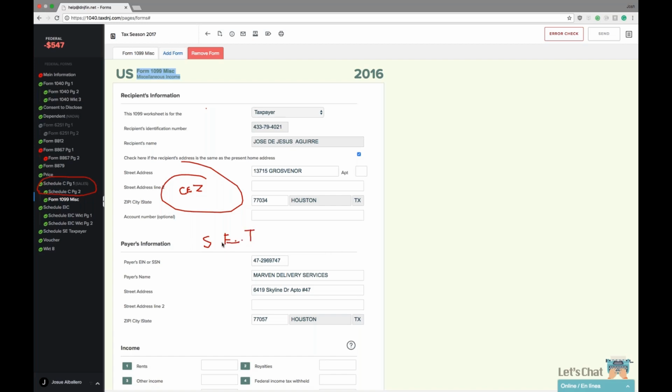Look, it's right here. Self-employment tax equals 15.3% of your income. So you know that already, 15.3% of your income. That means this person is going to have to pay more taxes than someone else.